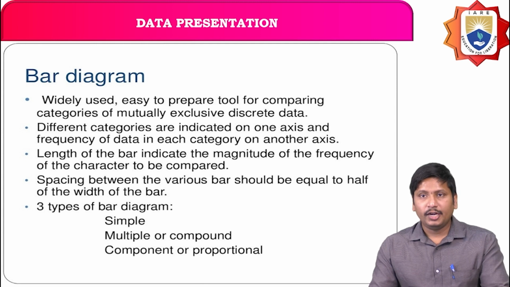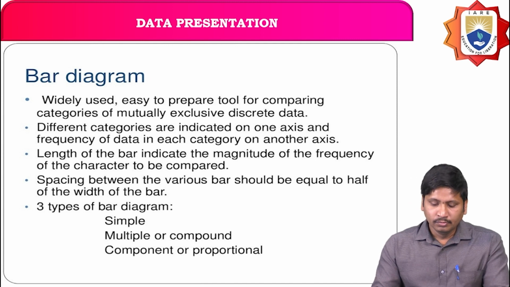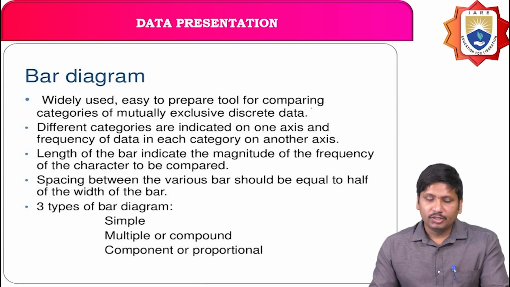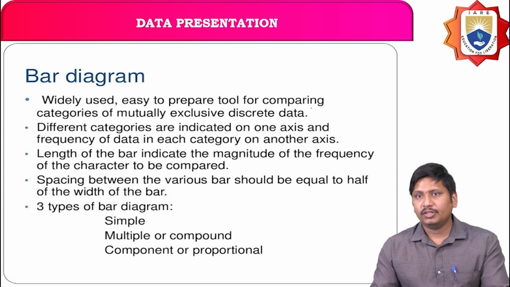The bar diagram is widely used and easy to prepare, for comparing categories of mutually exclusive discrete data. Suppose I want to compare two variables, then I have to make use of the bar diagram. Different categories are indicated on the x-axis and the frequency of the data on the other axis.